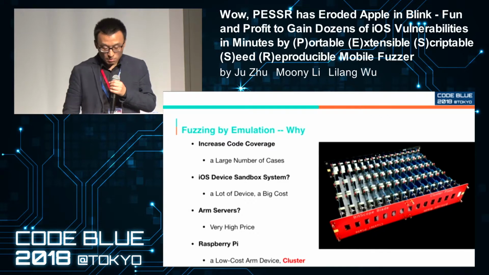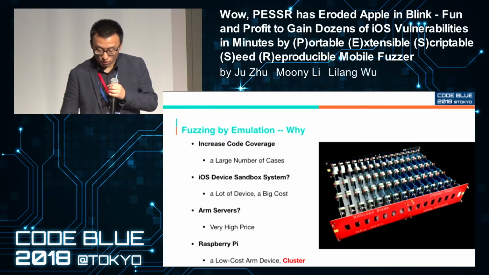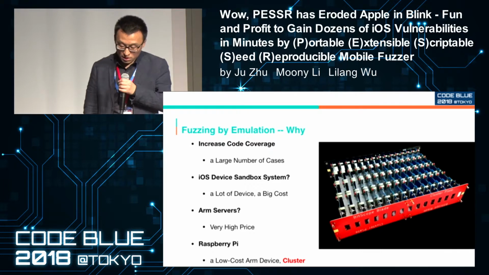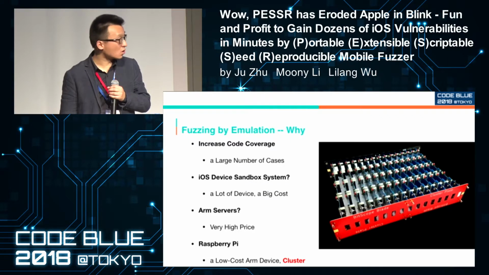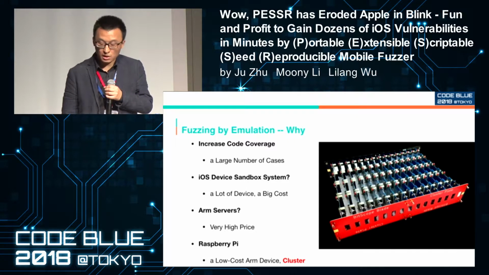Due to the limited performance of the iDevice, our efficiency is not high. To improve efficiency, a large number of iDevices must be purchased. This is a big cost, and for most teams, it would be a big challenge.